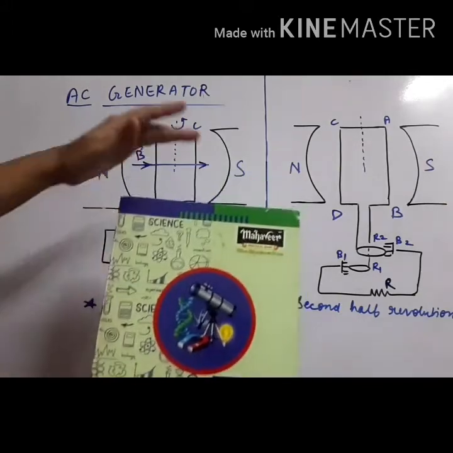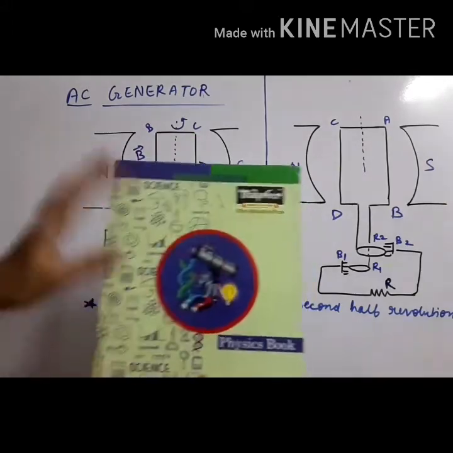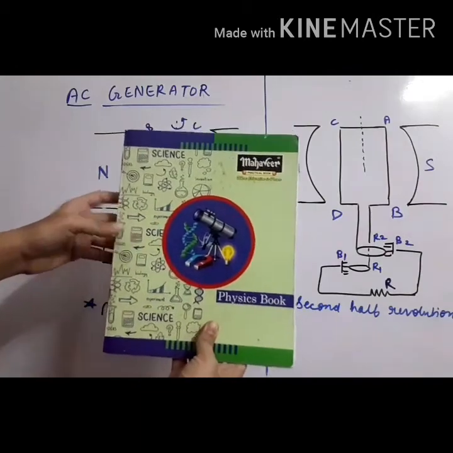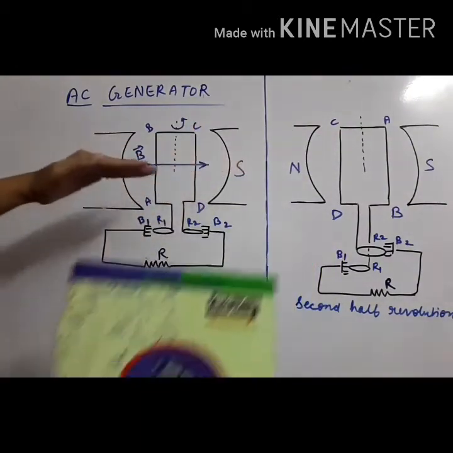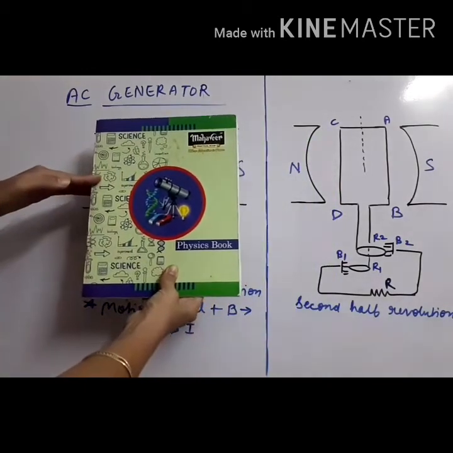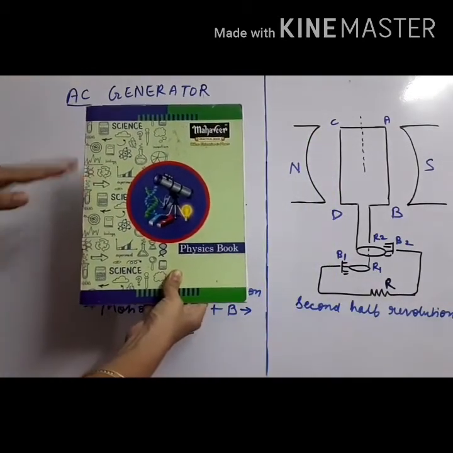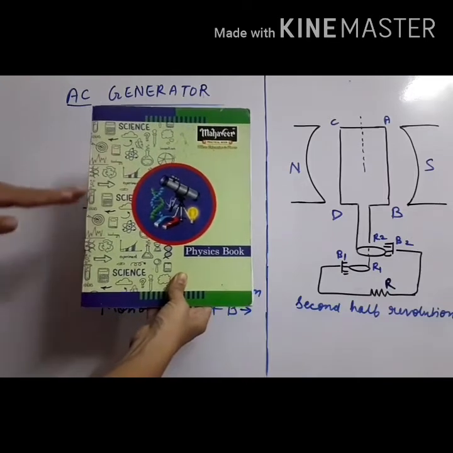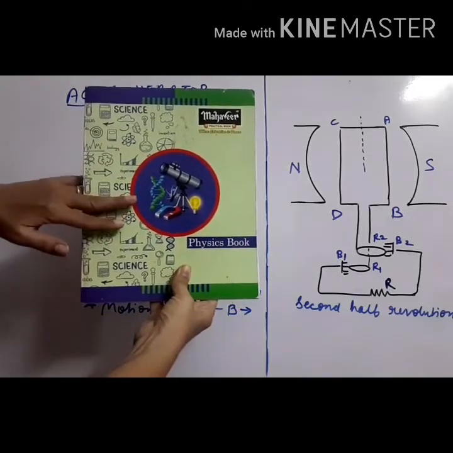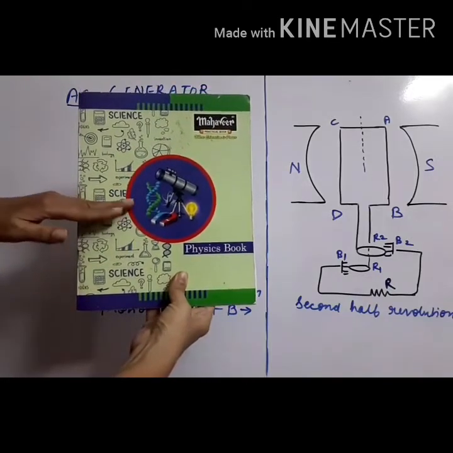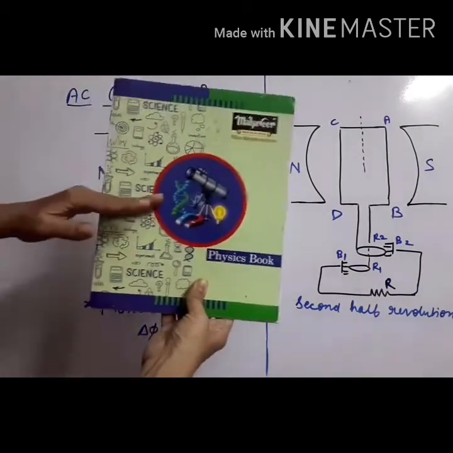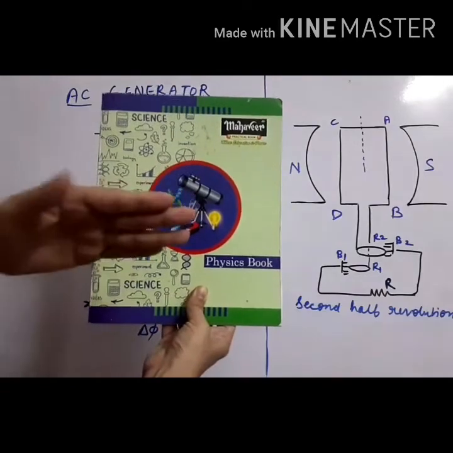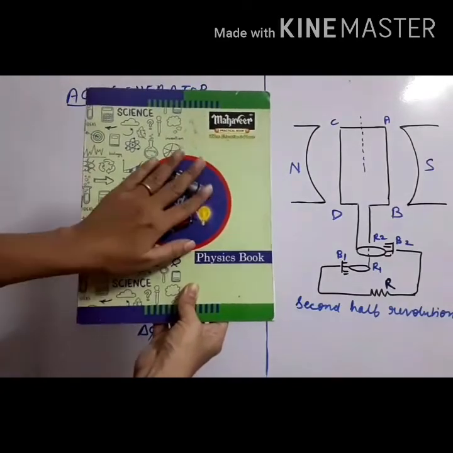Now how many field lines are passing through it? You see, when it is kept parallel, the magnetic field lines are coming from north to south this way. So when this coil is kept parallel to the board, its plane is parallel to the board, then all the field lines are just crossing around it. That means none of the field lines is entering into it. So all the field lines are just passing from this side or this side without entering into it.